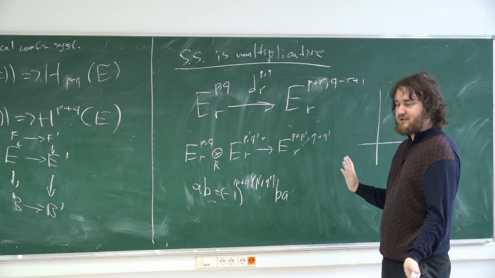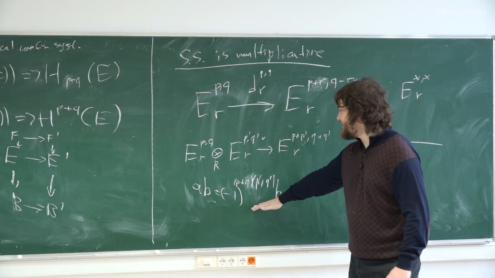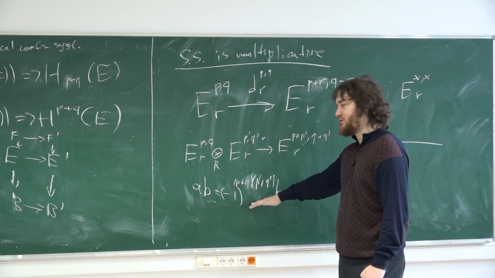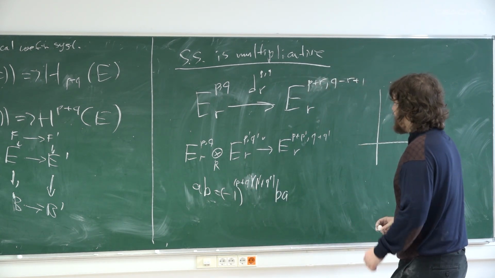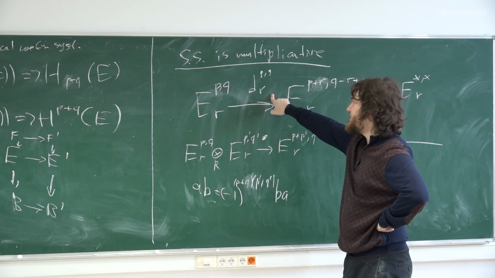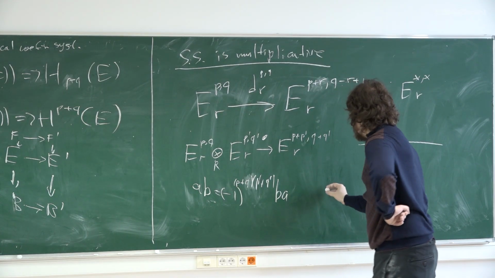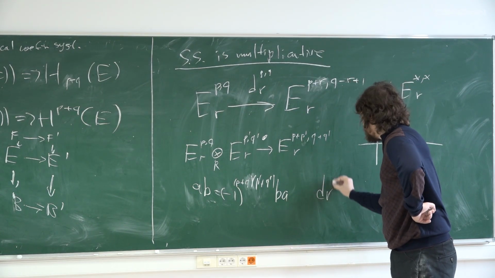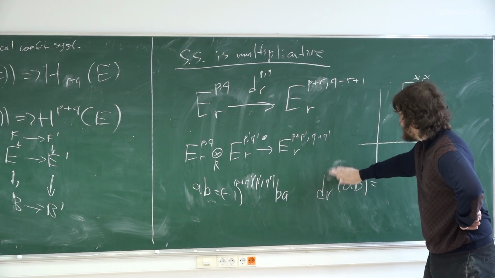It's not a general assumption, but if we say it's commutative, we understand it in this sense: skew graded commutative with respect to the sum of gradings. We have such a multiplication. Of course, the differential satisfies the Leibniz rule, again with respect to the sum of gradings.